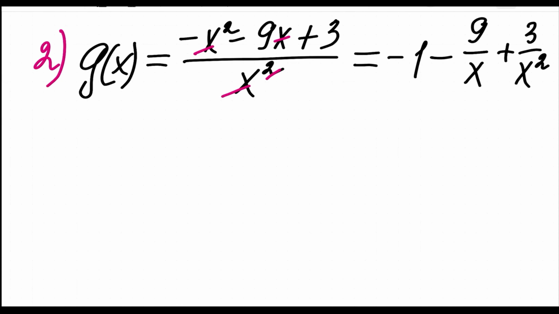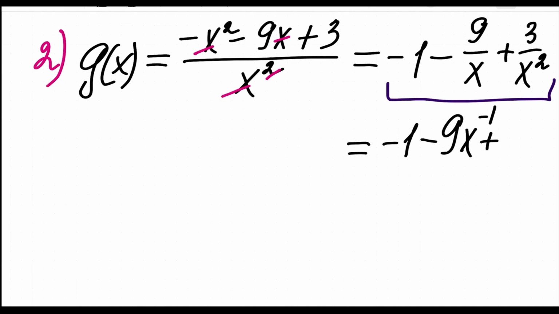Now let's bring all of these x's to the top in order to use the power rule afterwards. So we want to keep this negative 1, so it becomes negative 1 plus 9x to the negative 1 plus 3x to the negative 2 power.